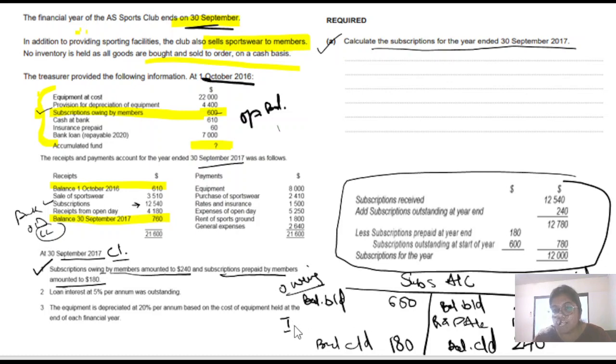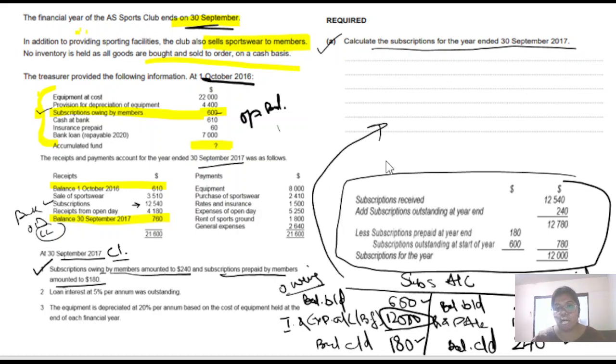Whatever the balancing figure you have, you show it as income and expenditure account, that is your 12,000. This is your balancing figure. How do you calculate it? 12,540 plus 240 minus 600 minus 180 is the final amount which you transfer to your income and expenditure account. So this is your answer for part A.